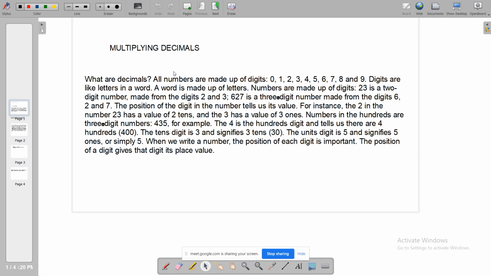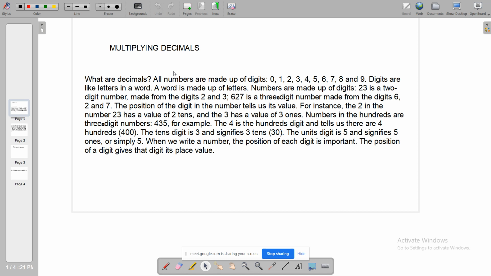The position of the digits in the number tells us its value. The 2 in the number 23 has a value of 2 tens, 20. And the 3 has a value of 3 ones.